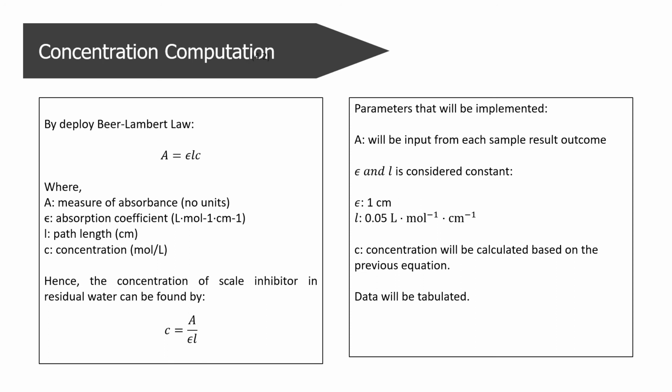E and L are considered constants, where E is 1 cm and L is 0.05. The concentration C will be calculated based on this equation, and the next data will be tabulated.